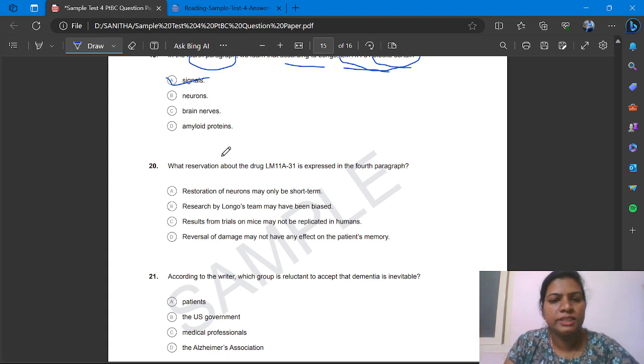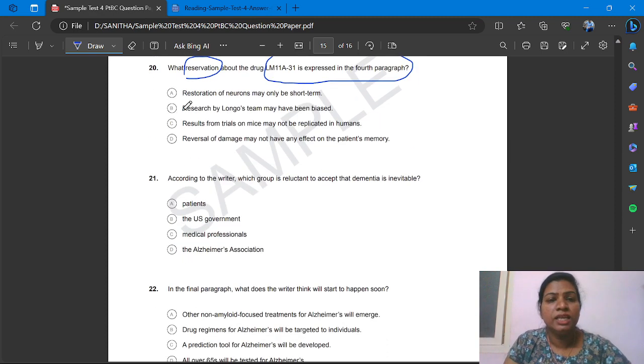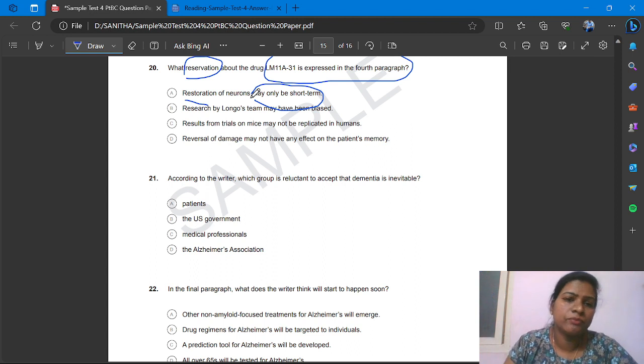What reservation about the drug LM11A-31 is expressed in the fourth paragraph? The options: Restoration of neurons may only be short time.